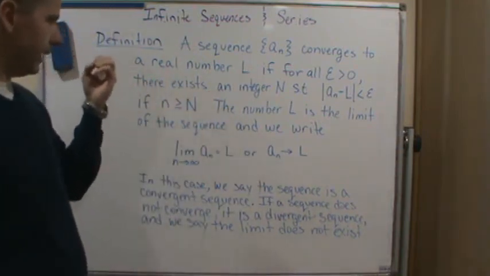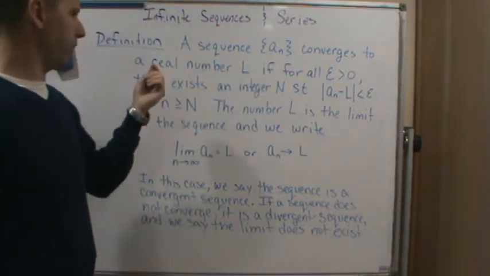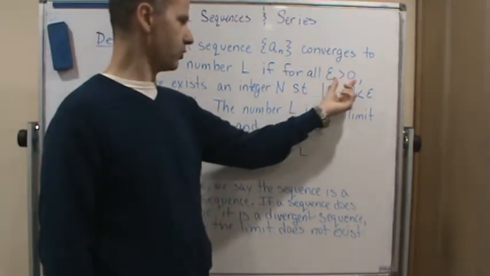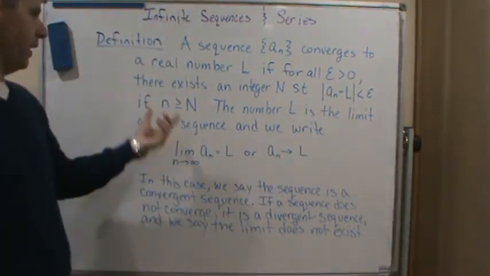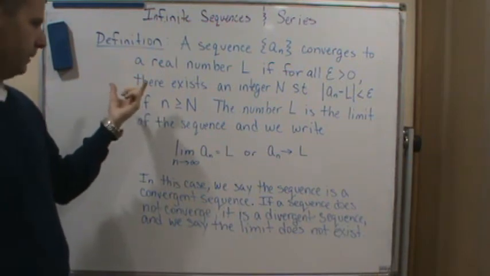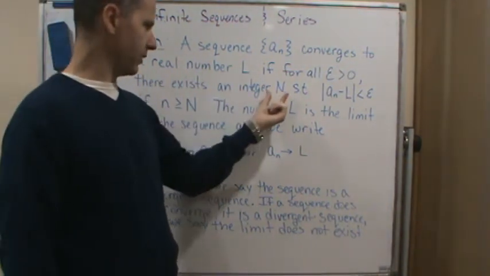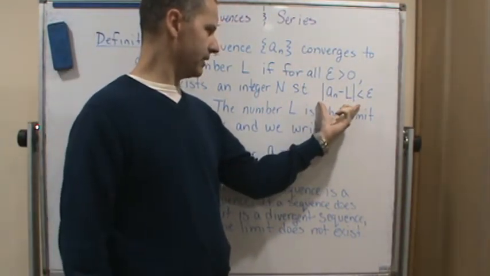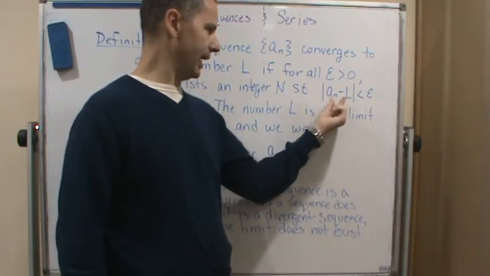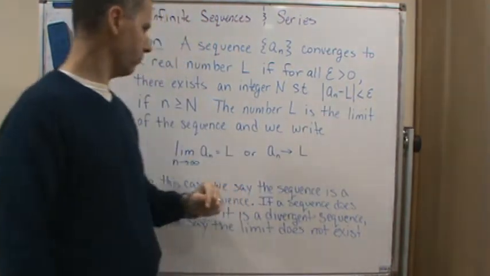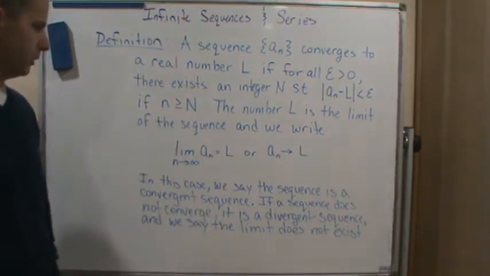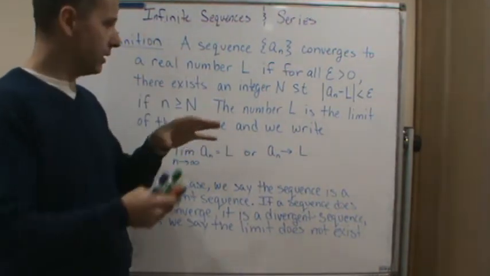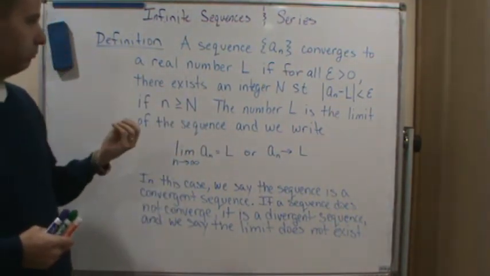It converges to the number L if for all epsilon, for some value that we choose that's greater than 0, some positive value of epsilon, then there exists some N, such that this absolute value, this distance from a sub n to L, is less than epsilon if n is greater than or equal to N. So we can get as close as we want to L.